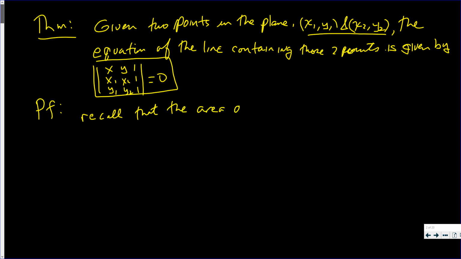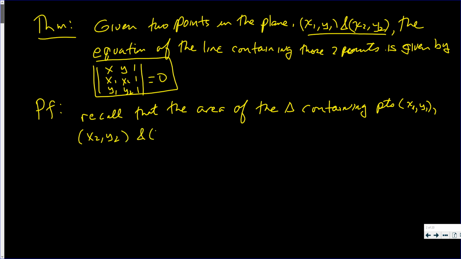the area of the triangle containing points x1, y1, x2, y2, and x3, y3 is given by this determinant. x1, y1, the 3 points.